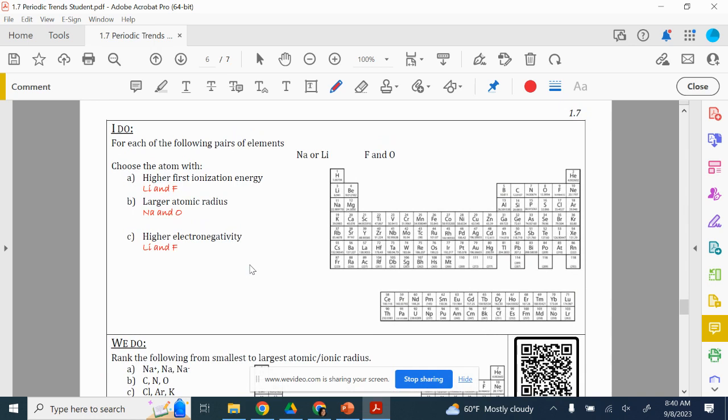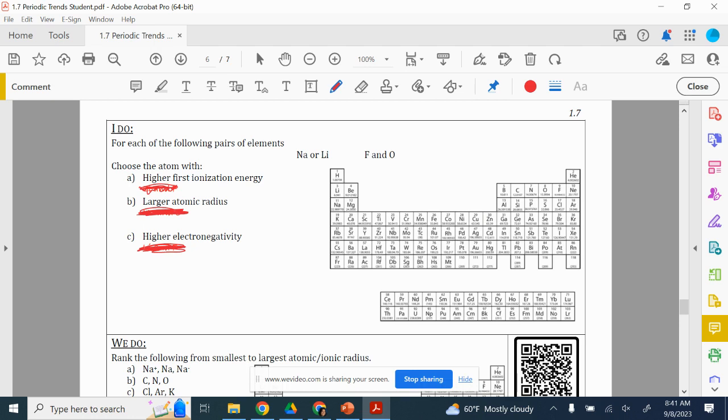All right, higher first ionization energy. Okay, so we're comparing sodium or lithium and fluorine and oxygen. Which one has the higher first ionization energy? Sodium or lithium?